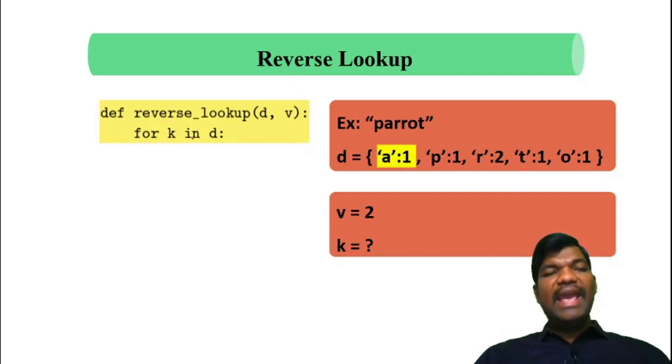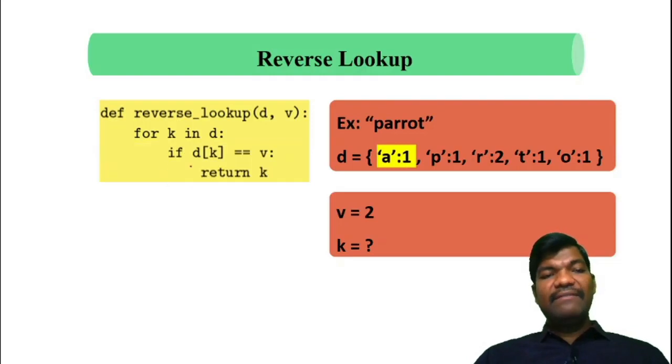So, for K in D, that means all items in the dictionary. Consider the first one, A is 1. So if D of K, what is K here? A. So what is D of A here? 1. So this value is 1.